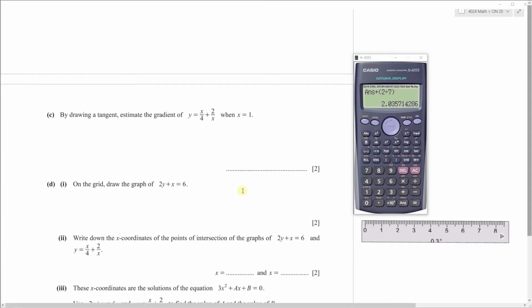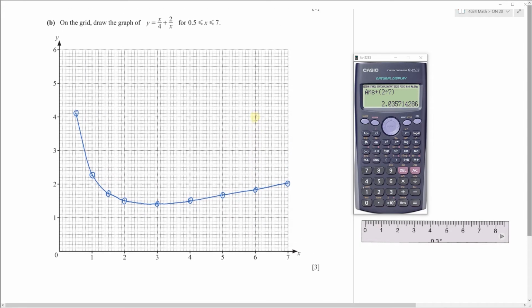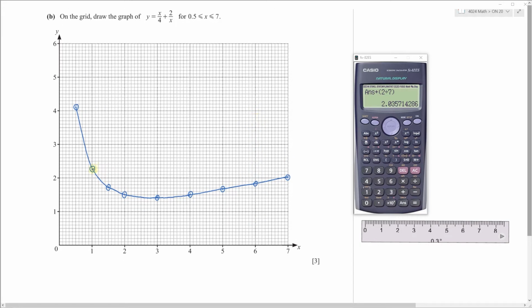Part C is by drawing the tangent, estimate the gradient of this when x equals 1. So that means you have to now draw a straight line that touches the graph at x equals 1, and then calculate the gradient of that straight line.